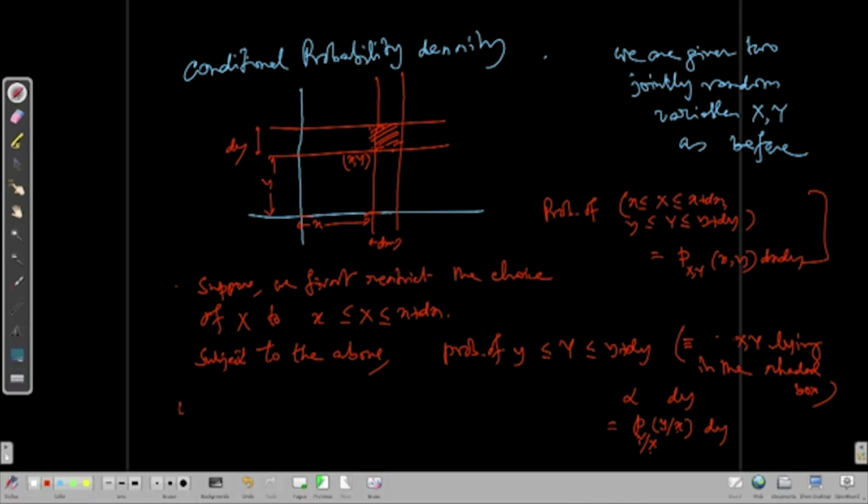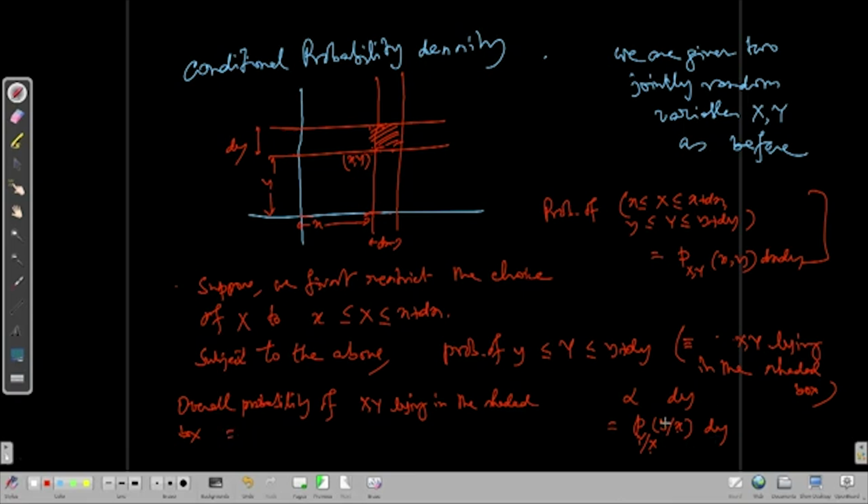So, overall probability of x comma y lying in the shaded box will be what?